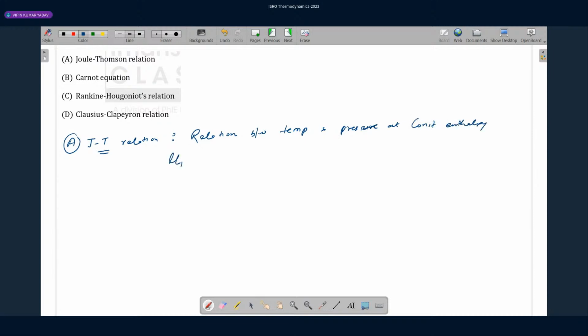So mu J, which is the Joule-Thomson coefficient, is equal to the change in temperature by change in pressure at constant enthalpy. Okay.